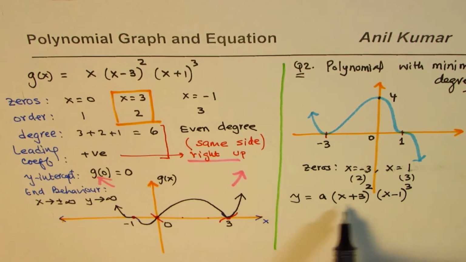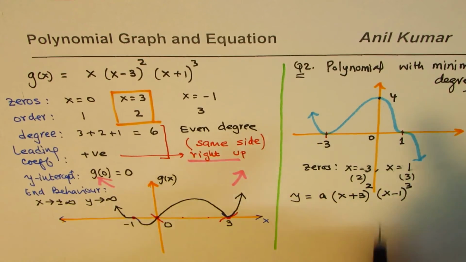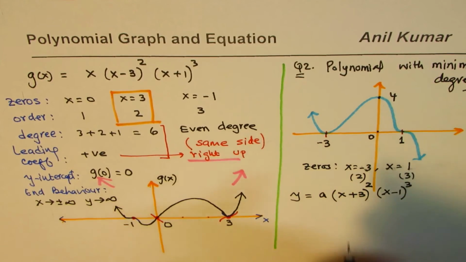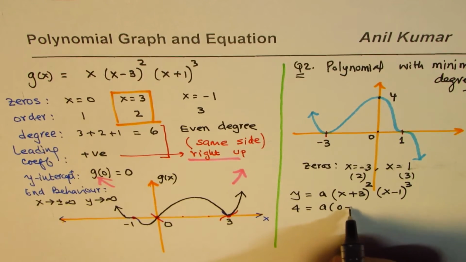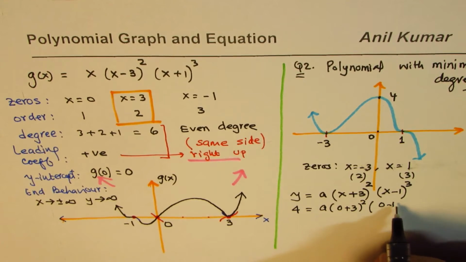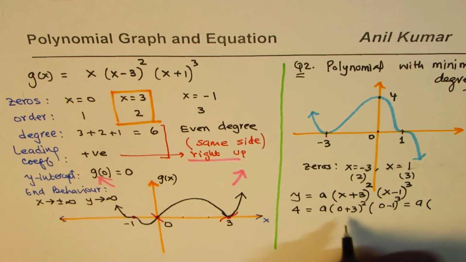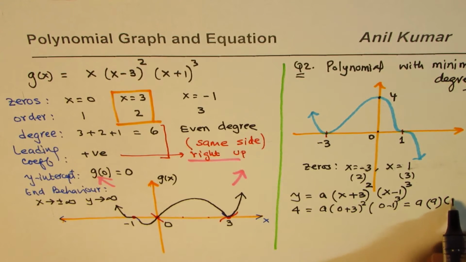Now from this equation, how do you get the value of a? From the y-intercept. So at the y-intercept, x is 0, y is 4. So we'll write 4 here for y, a times (0 plus 3) whole squared times (0 minus 1) whole cubed, which is a times 3 squared is 9 and 1 cubed is 1, right?